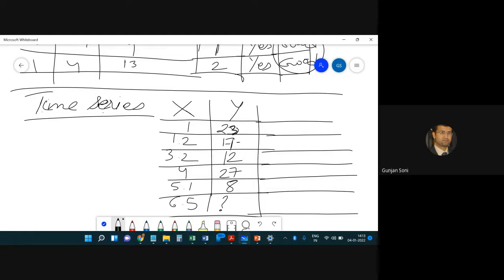If you have both negative and positive values in the independent variable, then you can use the square one. While if you have only positive values, you can comfortably use the simple deviation. Like if I want to find out for 6.5, what is the distance between 6.5 and 1? It is 5.5, right?